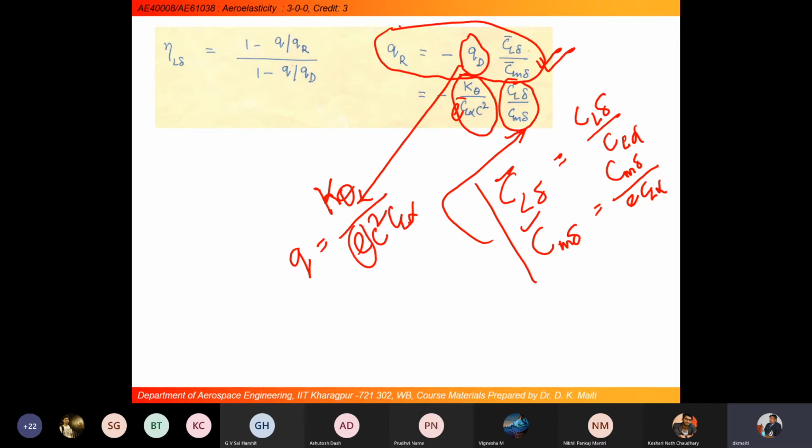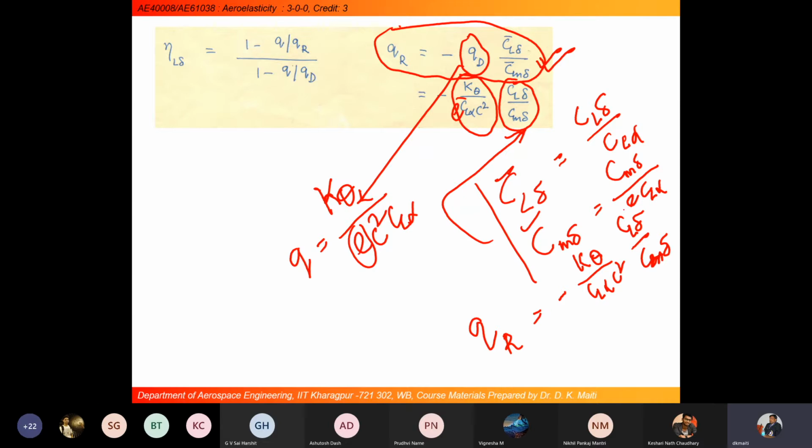Finally, the Q reversal speed I can get will be equal to minus K theta by Cl alpha into c square and Cl delta by Cm delta. That is the reversal speed.